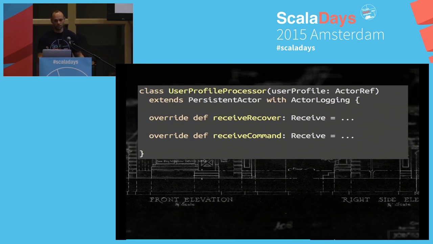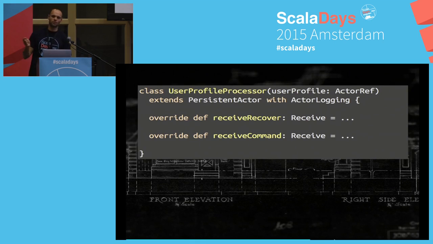The user profile processor, being a persistent actor, makes us implement these two methods. We have to implement receiveRecover. We have to implement receiveCommand. Now, receiveRecover runs when this actor is created. So suppose the node that this actor was running on has died. Well, okay, we are a resilient system, right? So we can create a new one, a new user profile processor.